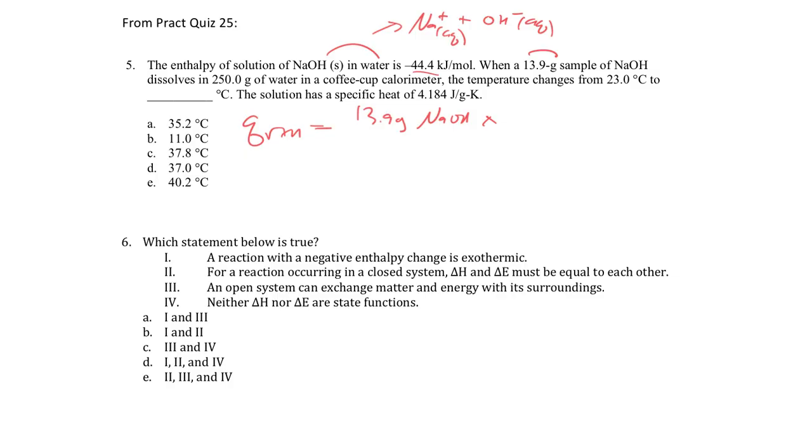And the molar mass is, I think, 40.0. So 23.00 for sodium, plus 16.00 for oxygen, 1.008 for hydrogen. Yeah, so 40.01 grams per mole.